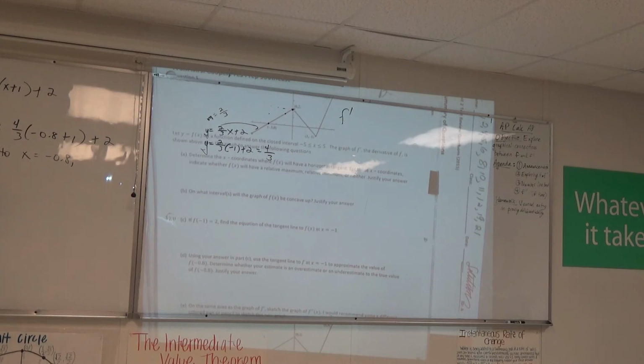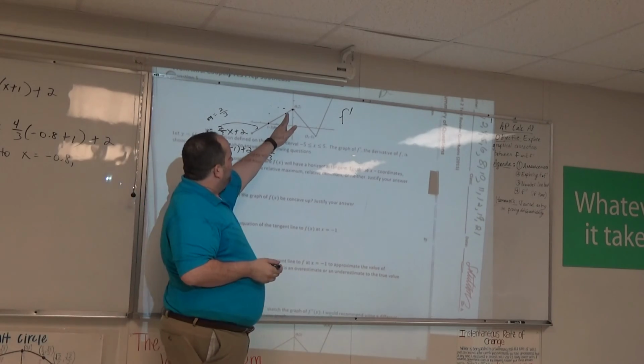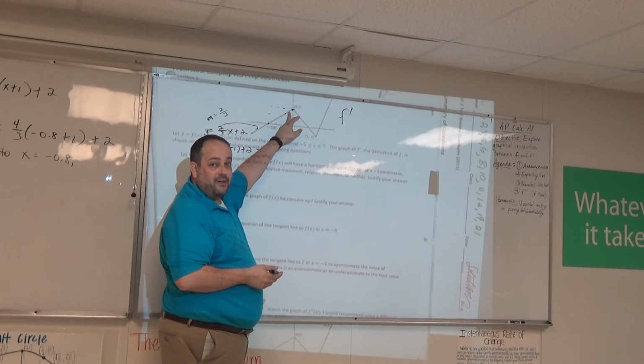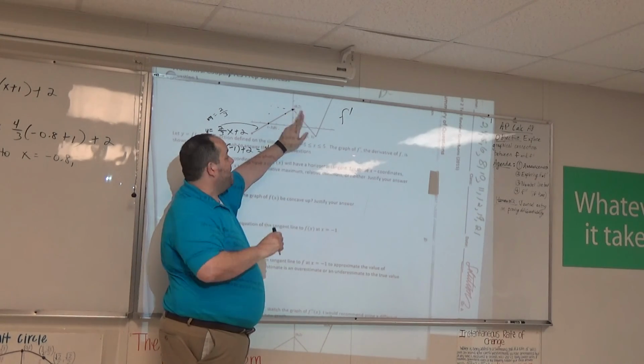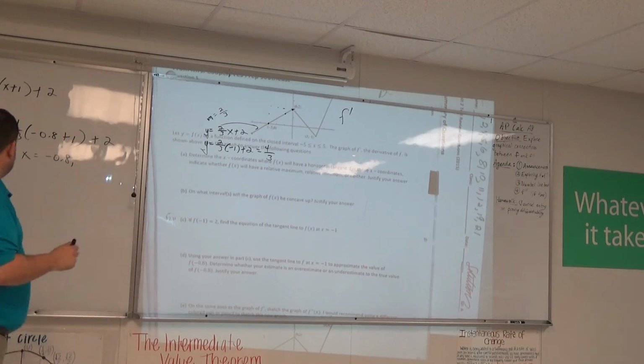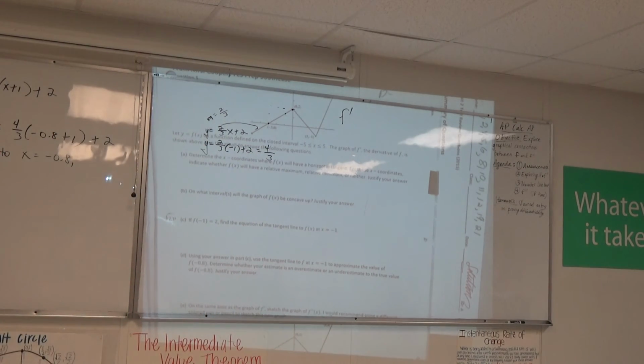From -1 to -0.8, this is the graph of f prime. f prime is increasing, so f is concave up.